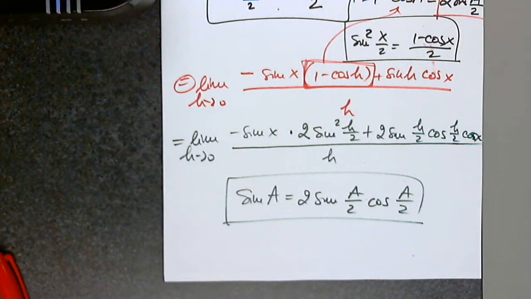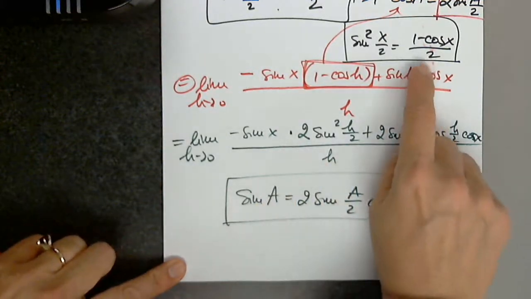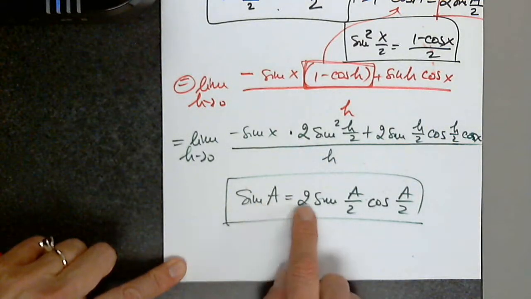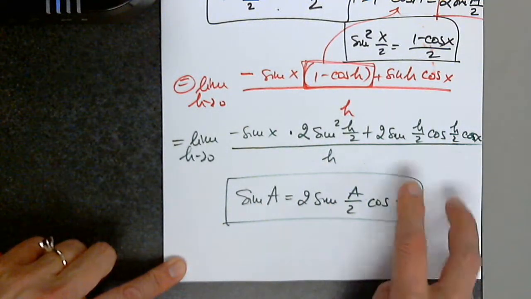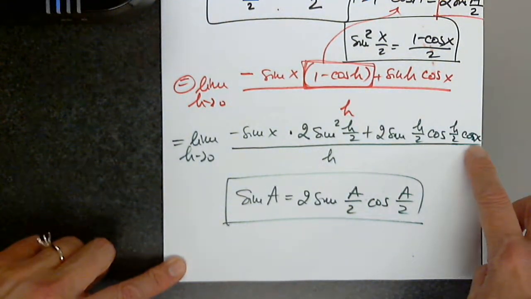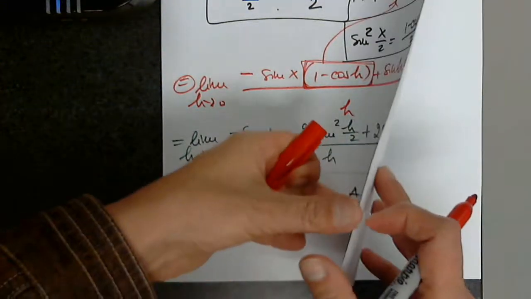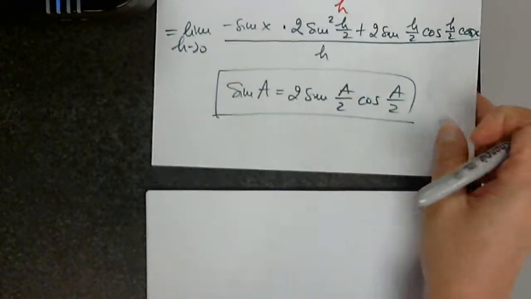We're getting close. Finally, I have two terms that have some common factors. So one more time, I used on sine h, 2 sine h over 2 cosine h over 2, and of course I had to copy cosine x. Okay, so now look at the terms at the top and tell me what would you factor out.